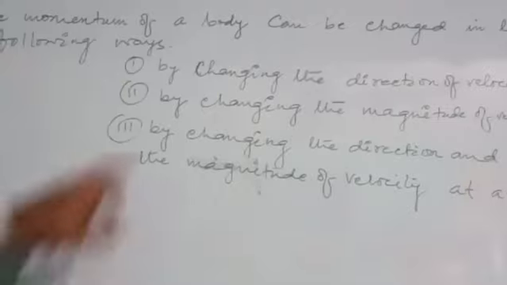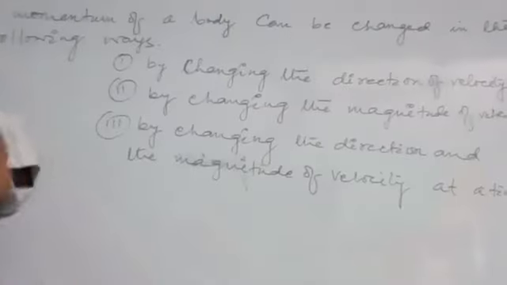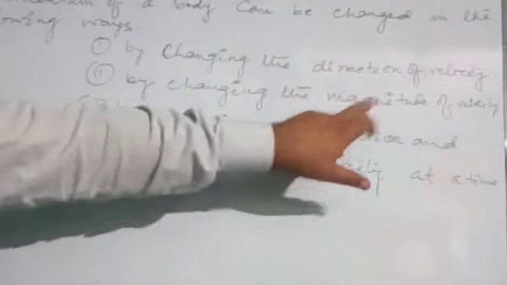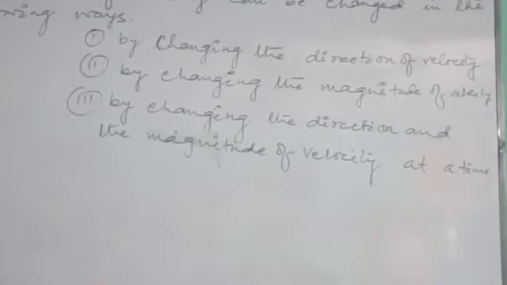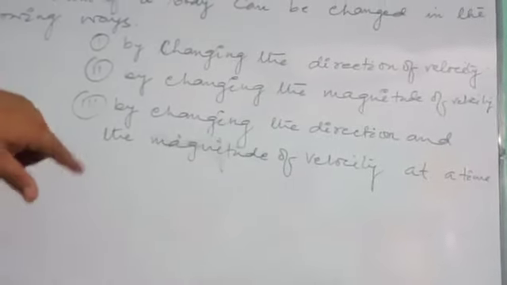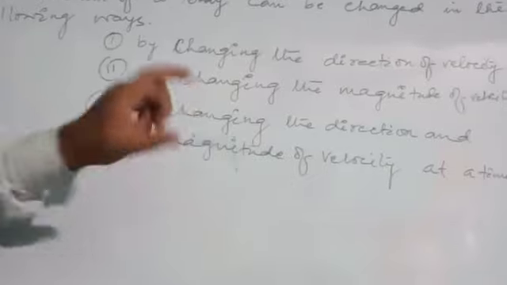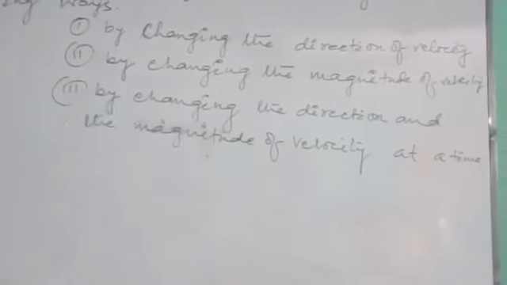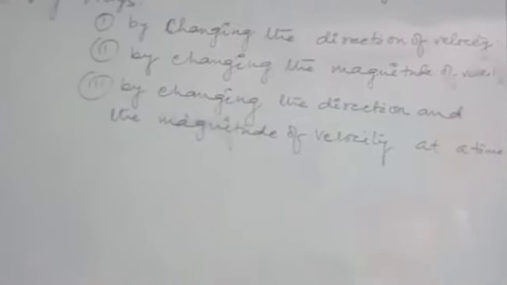The momentum of a body can be changed either by changing the direction of velocity, or by changing the magnitude of velocity, or by changing both direction as well as magnitude of velocity.